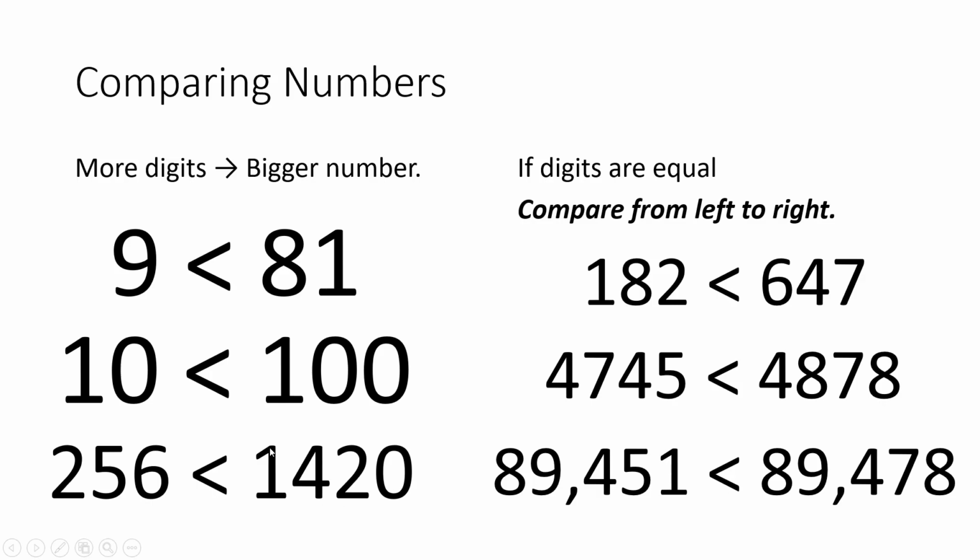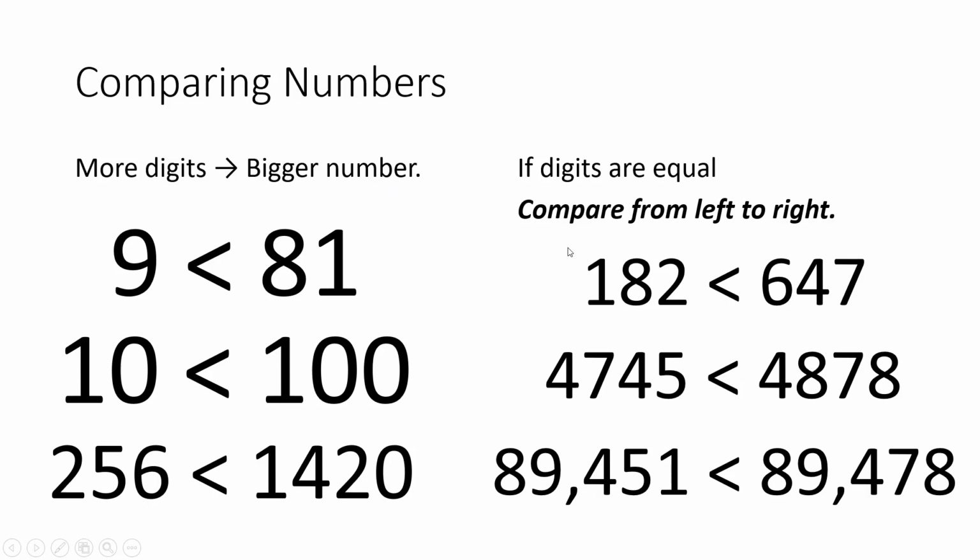We can see that the first number's highest digit is 1, and here the highest digit is 2, but this one has four digits and that has three digits. 256 has three digits, and 1420 has four digits, which makes it larger than 256. Very easy. Again, summarizing, more digits means bigger number.